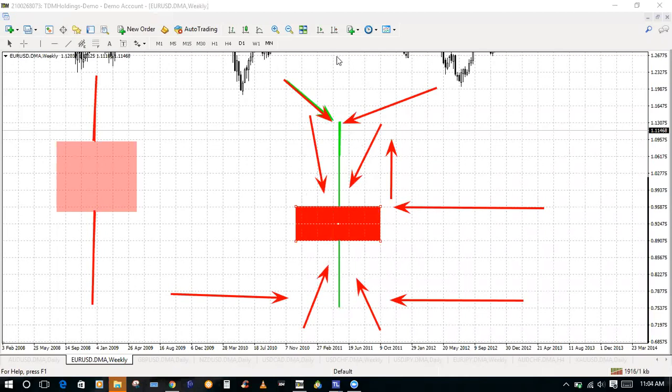Most of the time, it is used as an exhaustion candle, say after a prolonged upward or downward trend. Let's take an upward trend for example, where the prices are going up. After a prolonged upward trend, you have a series of spinning top candles.